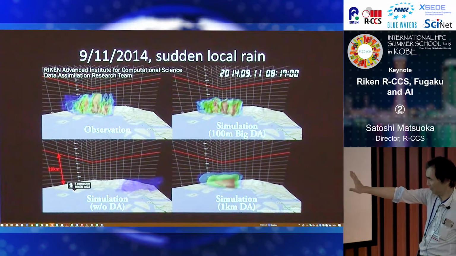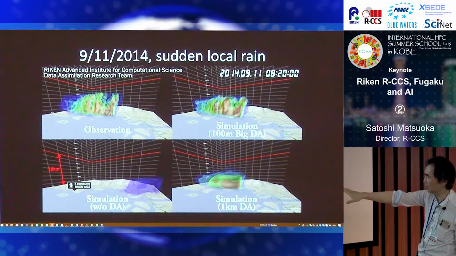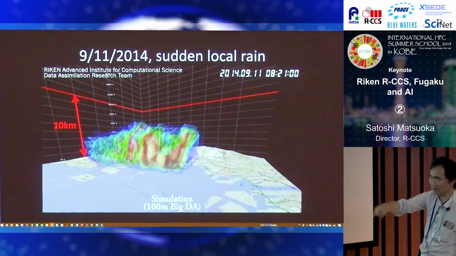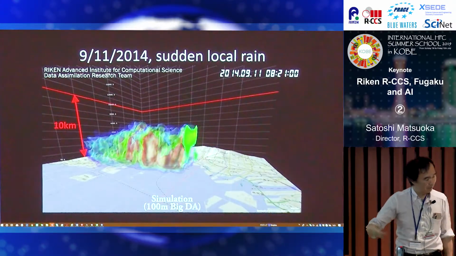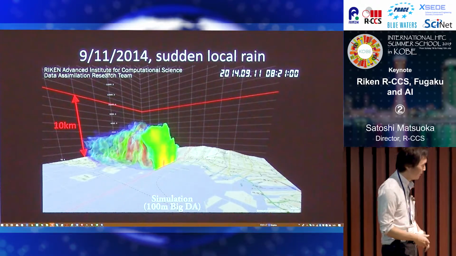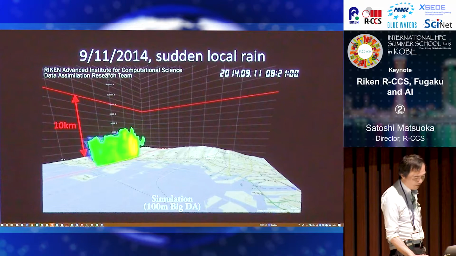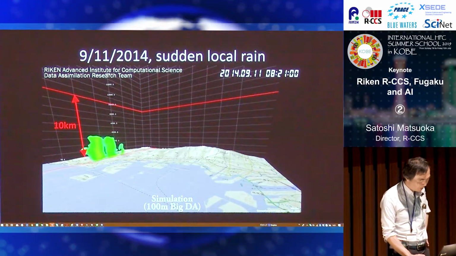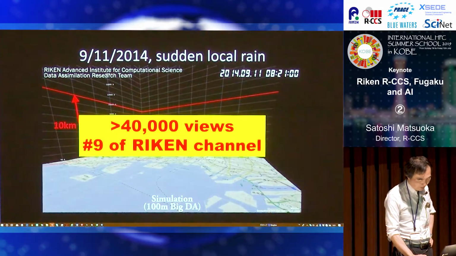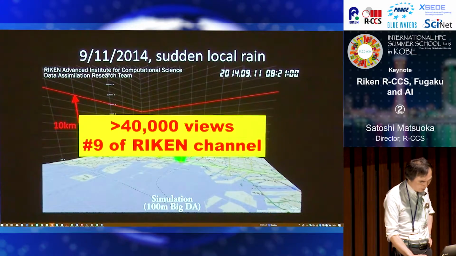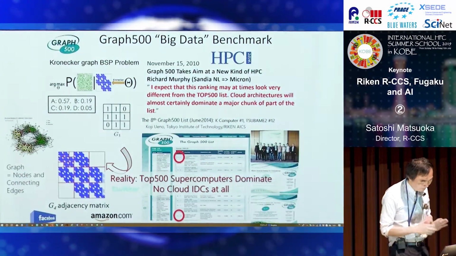Even with data assimilation, if it's low resolution, you don't get the exact same type of result. But with high resolution data assimilation, you can get very accurate forecasts, like 30 minutes ahead, to forecast these immense downpours, which is actually happening right now in Japan.